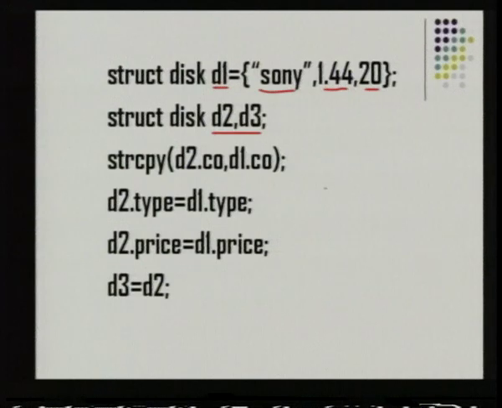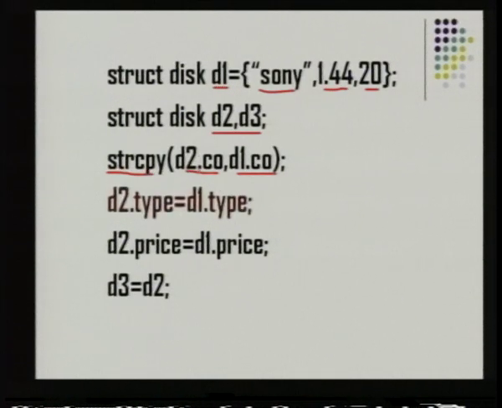To copy a string, we have already seen the string functions, it is string copy, and the source should come as the second argument and the destination should be the first. I am going to copy from D1 to D2. So here my source is D1 and destination is D2. So D1.co to D2.co. This will copy the string Sony from D1 to D2.